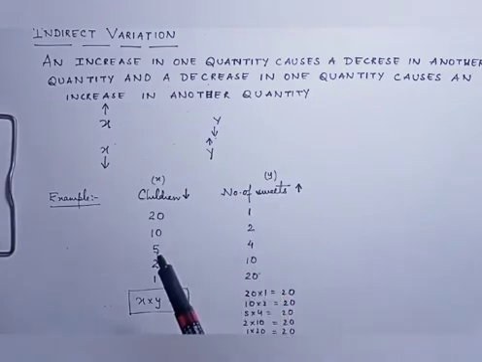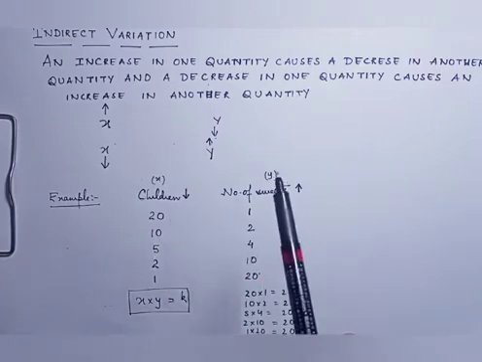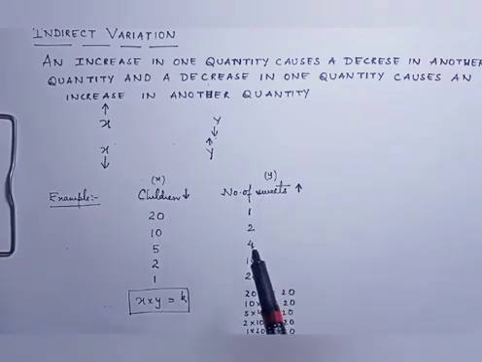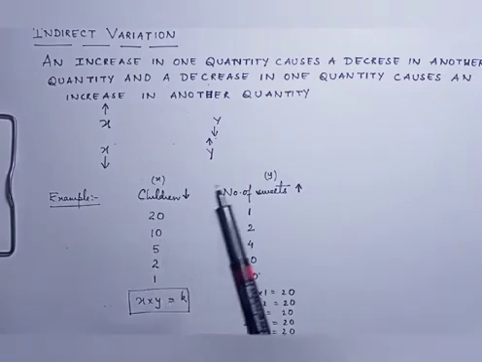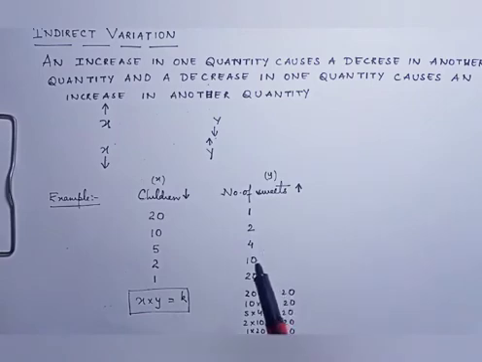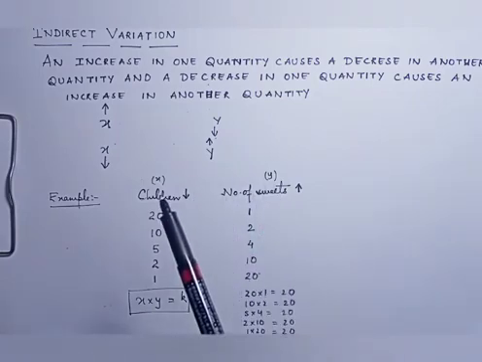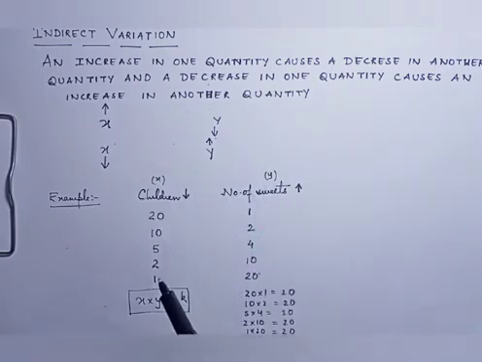Suppose there are 5 children, so each child is going to get 4 sweets. In the same way, if I have 2 children, each child is going to get 10 sweets, and if there is 1 child, that child is going to get 20 sweets.